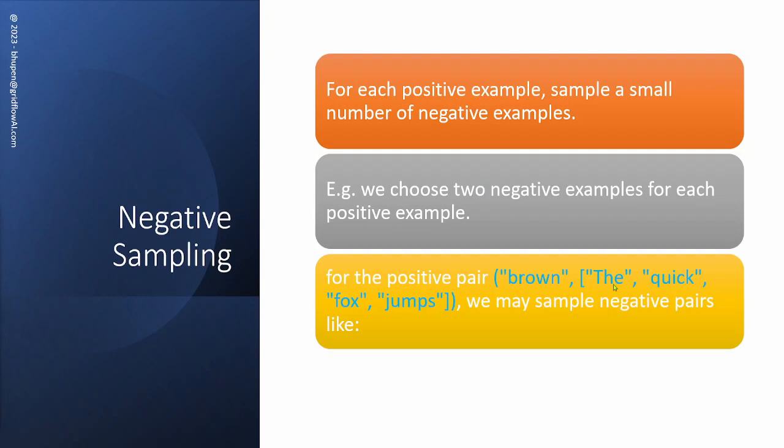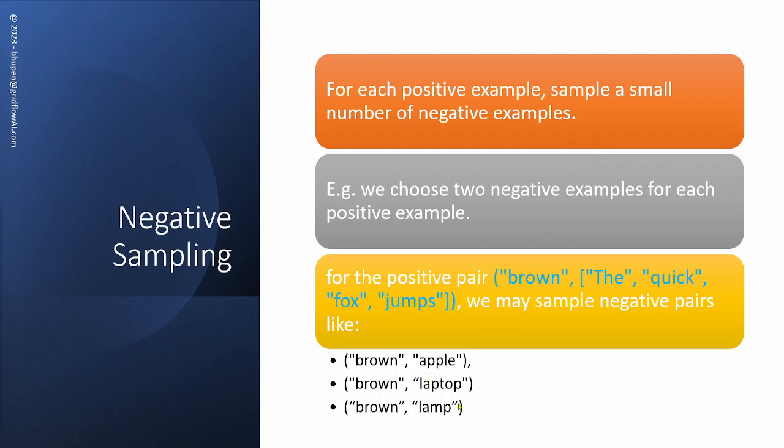For example, this is the positive pair: brown is the target, and the context words are quick, fox, and jumps. Now, what we can do for a negative sample is brown and maybe apple. This is not part of the sentence, but it is part of the vocabulary, randomly picked. Brown and laptop, which is not part of the sentence that we are talking about here. Brown and lamp.